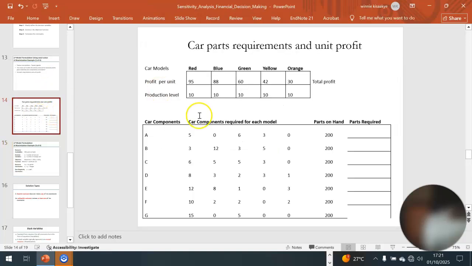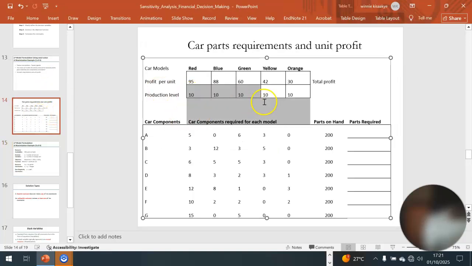As I told you, these levels of production are represented by, for example, if I put my cursor here, this is X1, this is X2, this is X3, this is X4, this is X5.